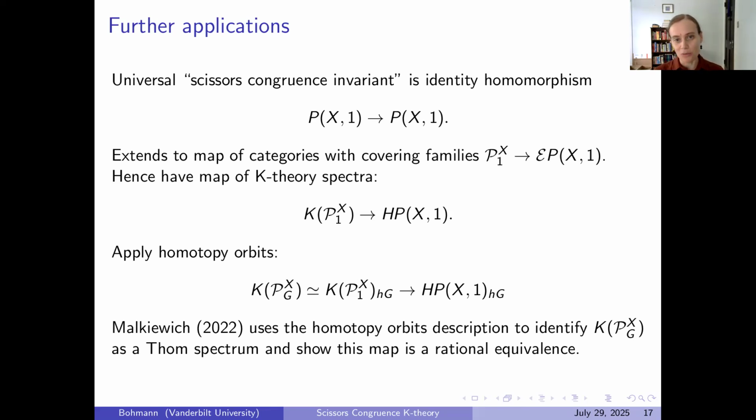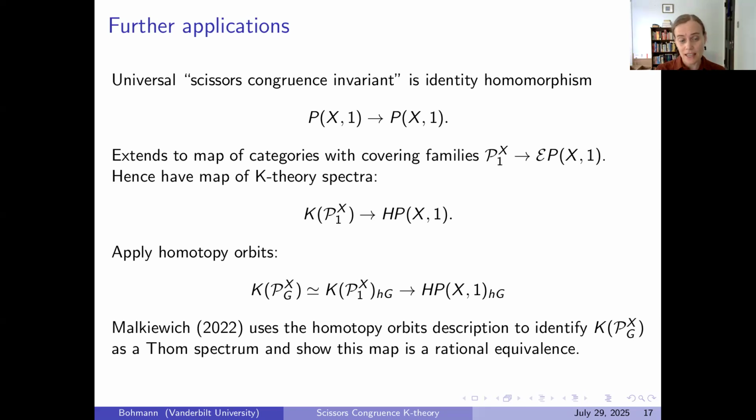This is the identity homomorphism between the scissors congruence group, the home of scissors congruence invariants, to itself, which is a perfectly valid choice of abelian group. Now, this identity homomorphism extends to a map of categories with covering families from the scissors congruence category with covering family to the category with covering families coming from this abelian group P of X1.